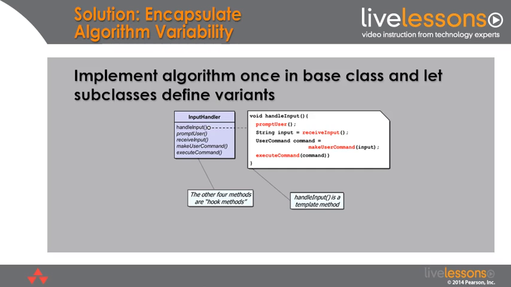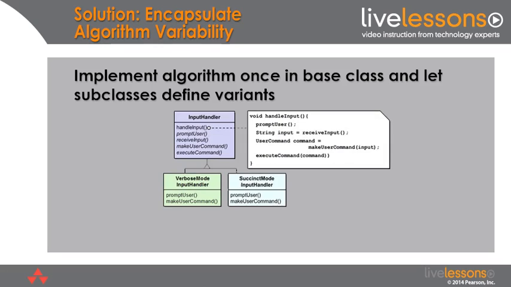The order of the steps that are invoked is fixed in the template method. But since each of those calls is to a virtual method, we can allow those methods to be selectively overridden by subclasses. In particular, we can define a verbose mode input handler and a succinct mode input handler, both of which inherit from input handler, and they can selectively override the methods they choose to get the different behaviors that correspond to the differences in the two operating modes.